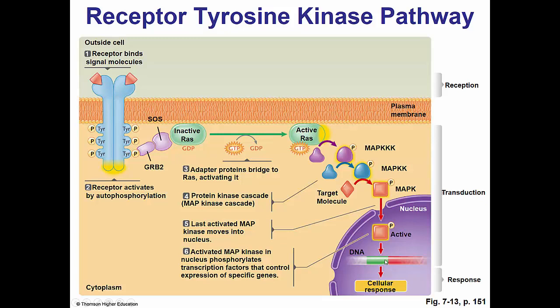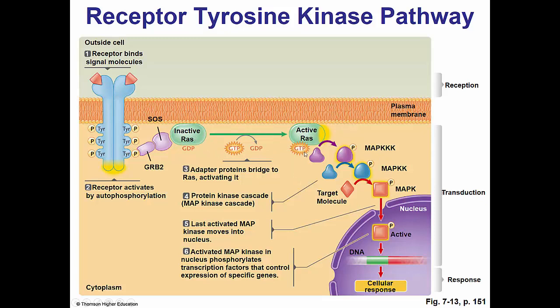So I want to highlight a few important pieces of this pathway. So just to review, when the receptor becomes activated, the two receptors dimerize and phosphorylate one another, so they autophosphorylate one another on tyrosines. That leads to the binding of the adapter protein GRB2. GRB2 recruits SOS, which activates RAS by causing it to bind to GTP.